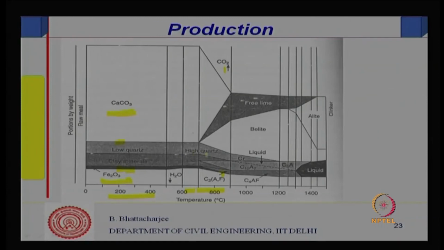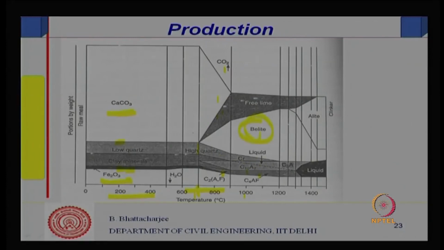This low quartz changes to high quartz, and here free lime started producing from somewhere close to 700 degrees, because calcium carbonate would have broken down and carbon dioxide would have gone. So, free lime would have formed, and as I go further, C4AF formation would occur around 1000, 1100 or 1200 degrees centigrade. This is quartz, they will change, these are in some liquid state which will solidify later on.